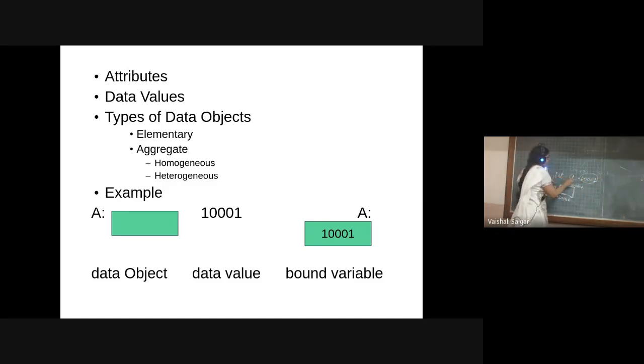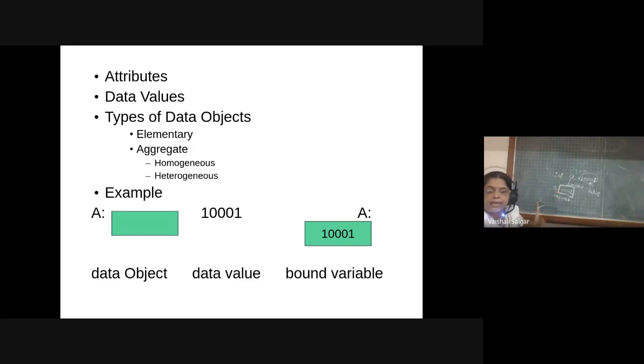So when I say int a is equal to 1001, it means this is the value which will be bound with that particular location. So it will assign my variable a with that value. The data object a is going to have the memory allocated.